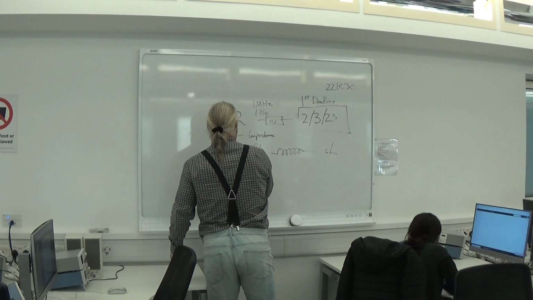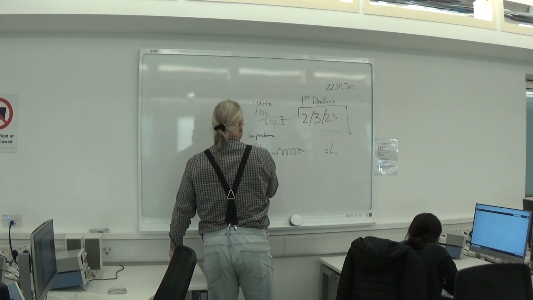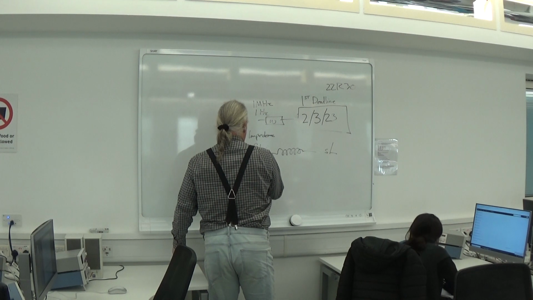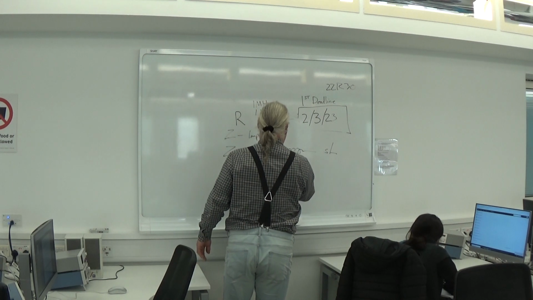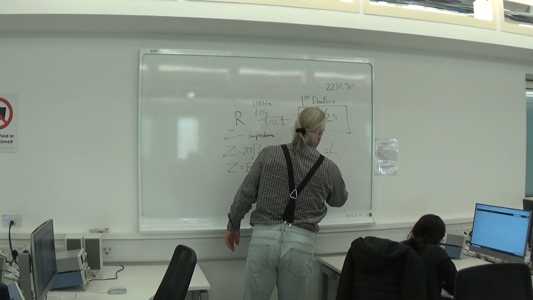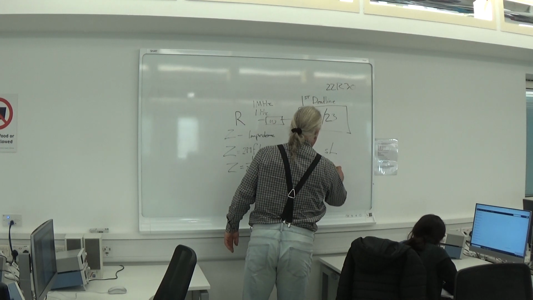Now if I say the Z of a capacitor, you've got it, 1 over 2 pi FC, and that looks like this, which now means that we have that.